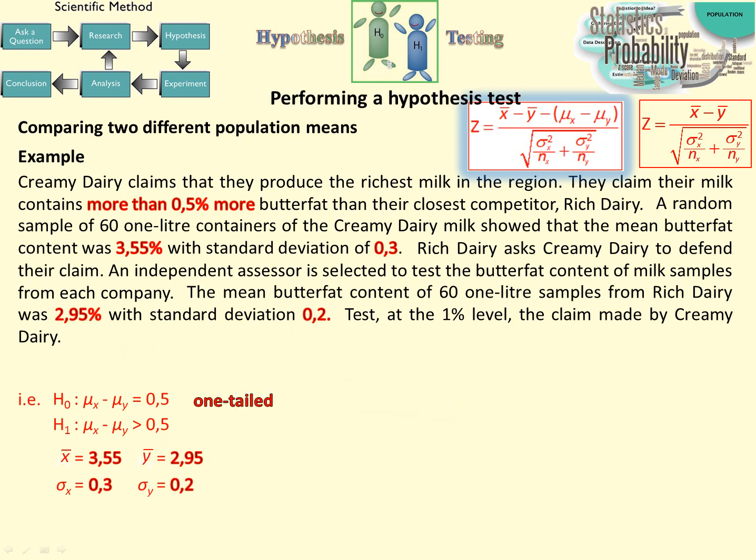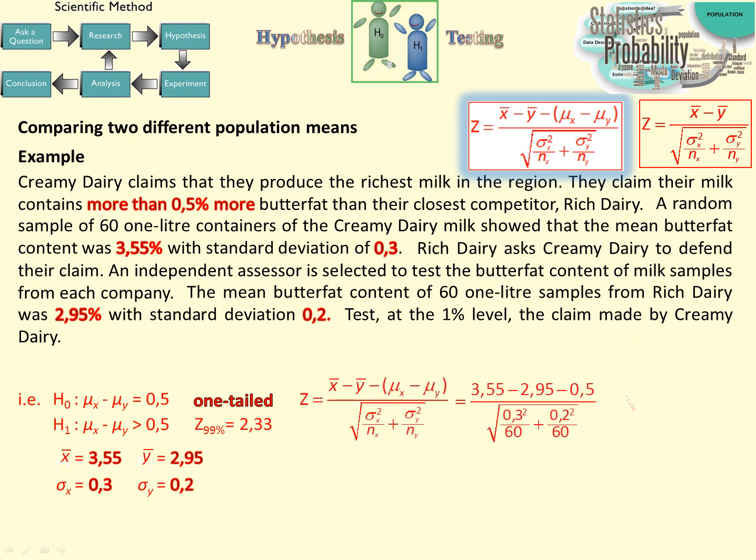It's one-tailed because it's greater than. We're going to look at 99% because it's one-tailed at 1%. And we're going to have 0.5 slotted on the end there because of that difference they claim. 2.33 is the z-score for that one.